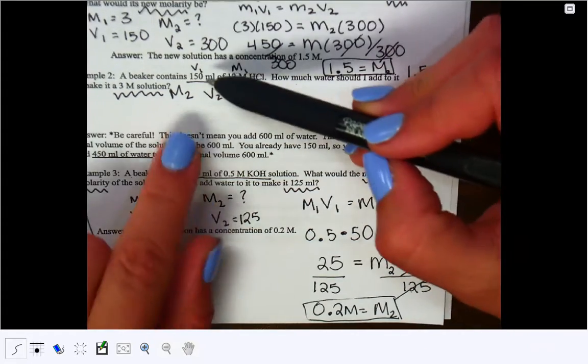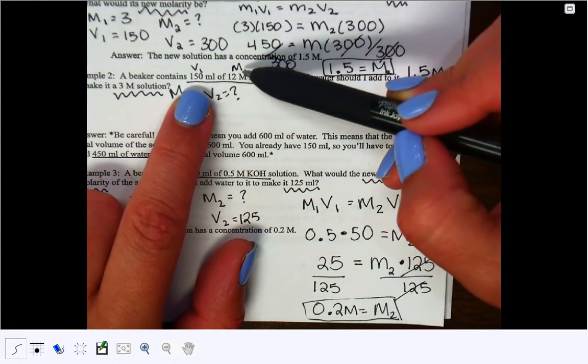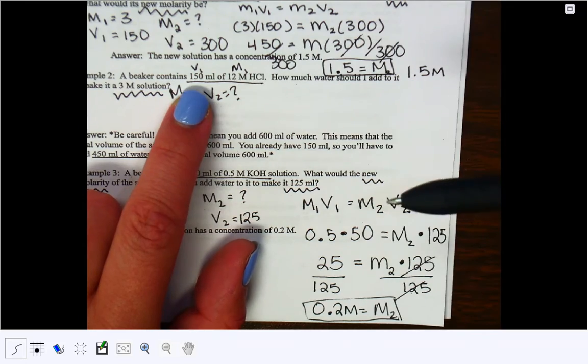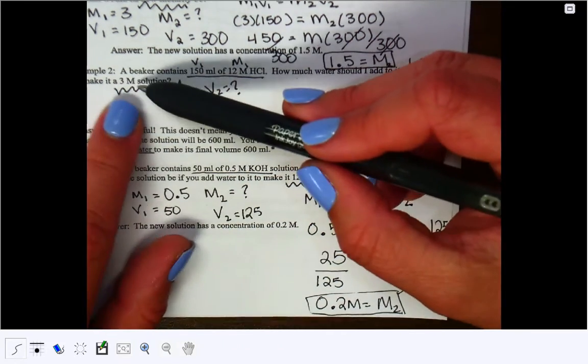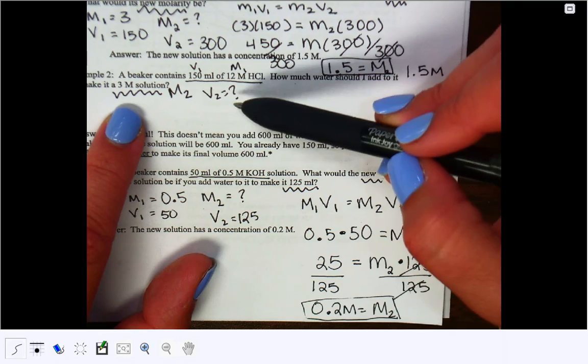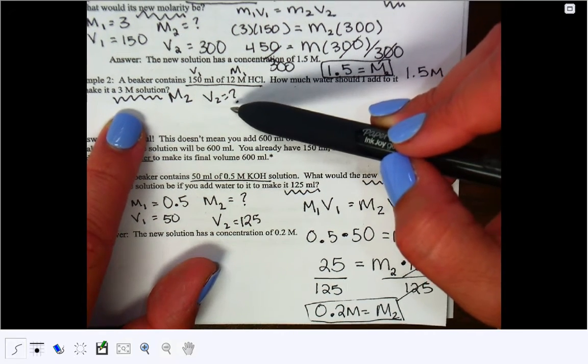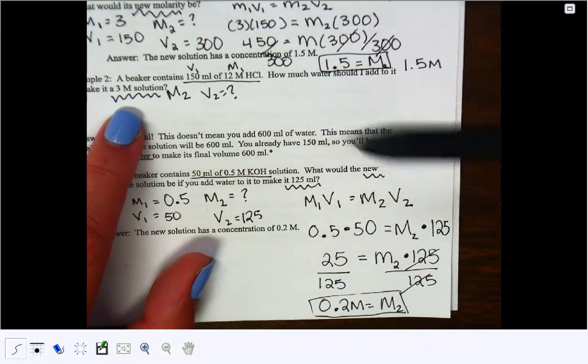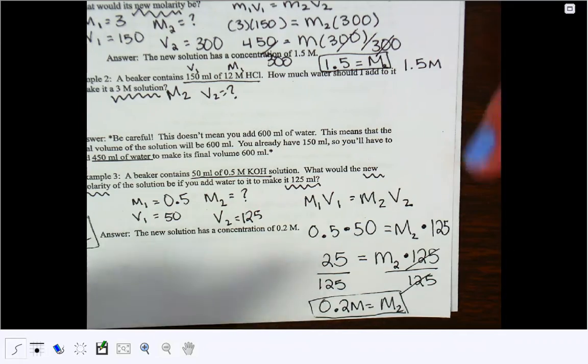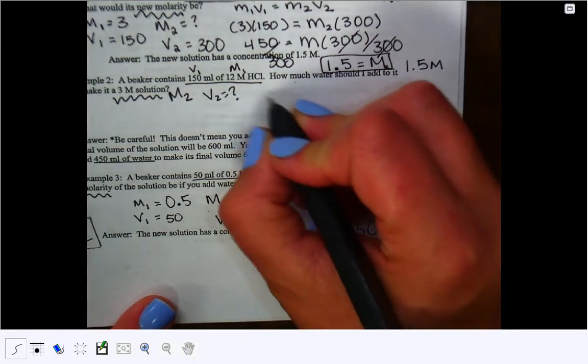Okay, so once again, volume 1 is 150. Molarity 1 is 12. 3 molar is our M2. So we're solving for volume 2. So when we go to plug this one in, we have our M1V1, M2V2.